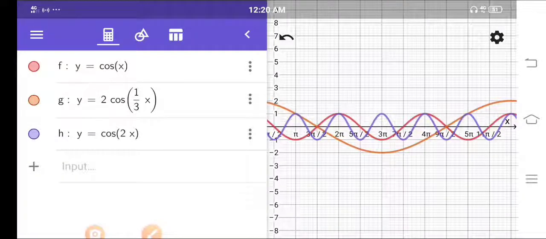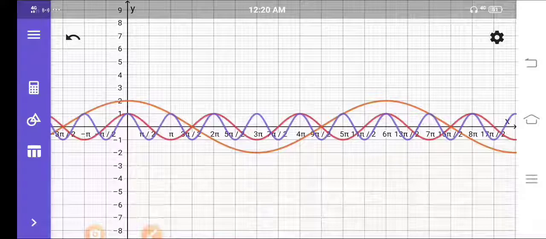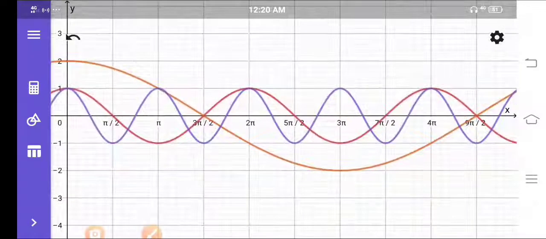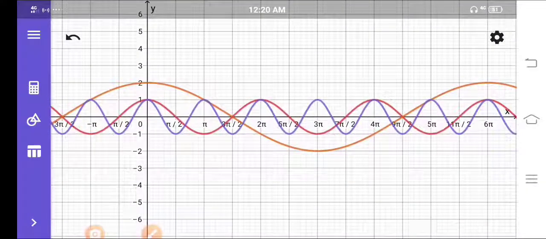So again, as I have said, if our b is between 0 and 1, the graph tends to stretch horizontally. But if the value of b is greater than 1, the graph tends to shrink horizontally.